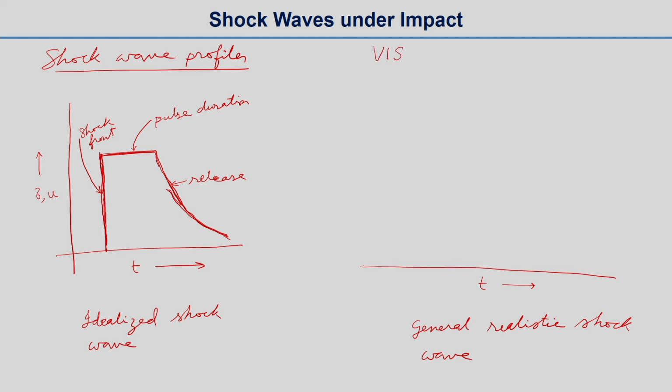We will discuss the VISAR technique later in later chapters. This is nothing but a velocity interferometer system for any reflector. That is a technique to know the velocity profile.